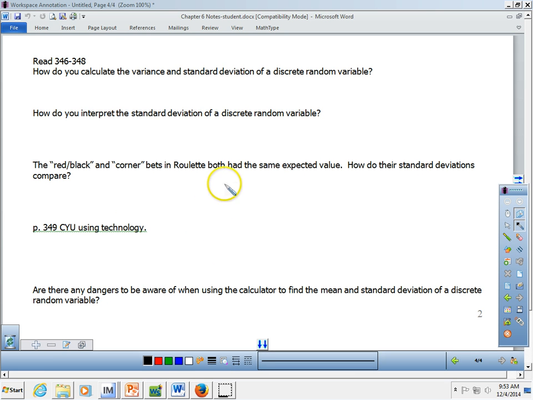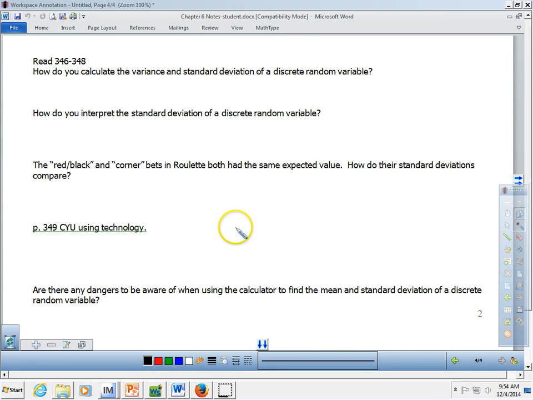So from last night, the roulette example of placing a corner bet, so basically betting on 4 different numbers, had a long run mean of negative 0.05, in other words, negative 5 cents, which means that in the long run, you would lose 5 cents if you made that dollar bet. Well, that's fine.